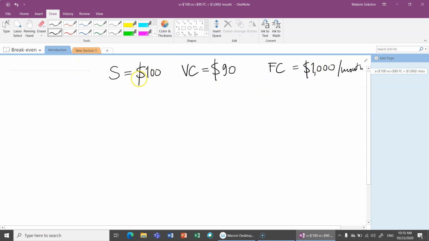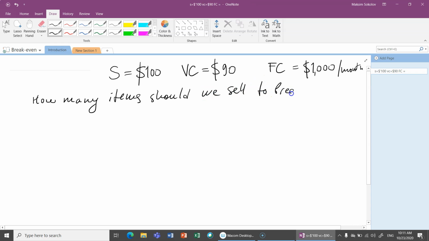So the question arises now, how many items should we sell to break even? In other words, how many items should we sell in order to pay off our fixed costs?